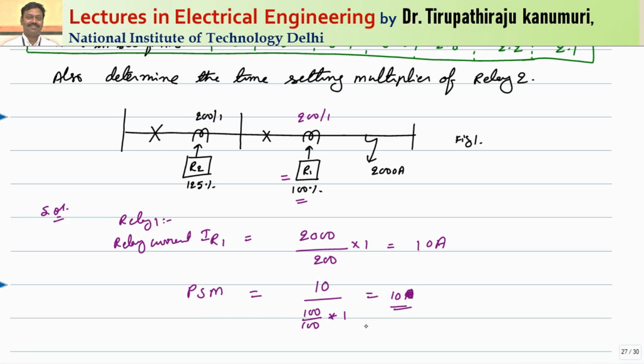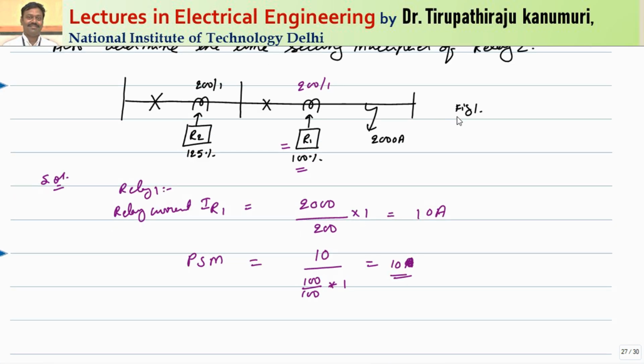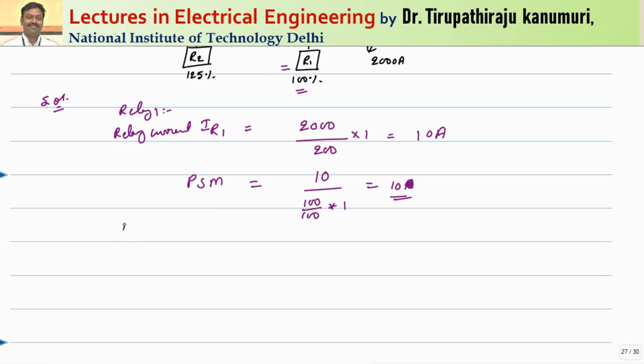Corresponding to this plug setting multiplier, first you have to see how much time it will take. From the table, corresponding to a PSM of 10, the time is equal to 2.8 seconds.